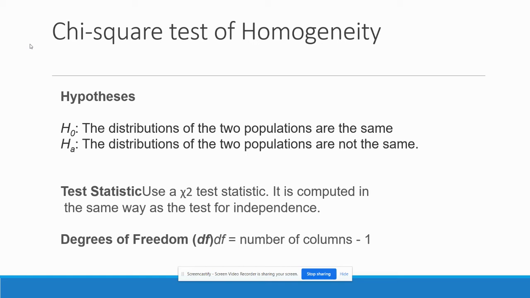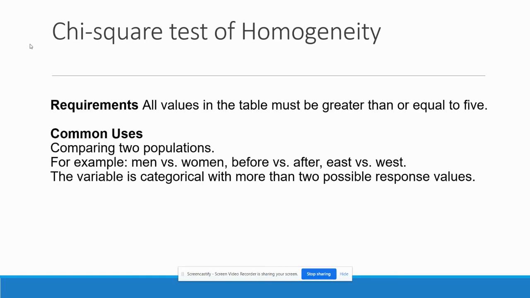You're going to use a chi-square test statistic. It's computed the same way as the test of independence, but remember, we didn't need to worry about that because Minitab did everything for us. Degrees of freedom is number of columns minus 1. Don't even need to worry about that. Minitab does it for us.